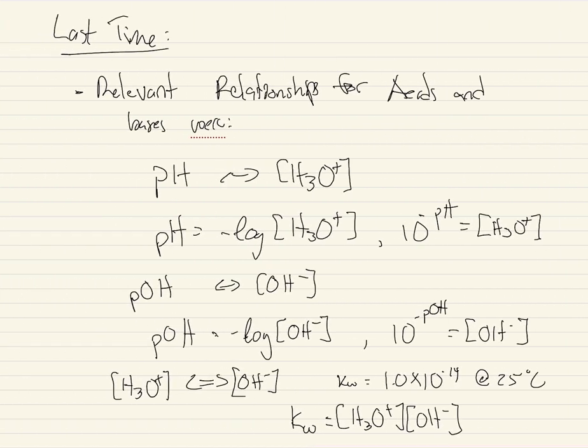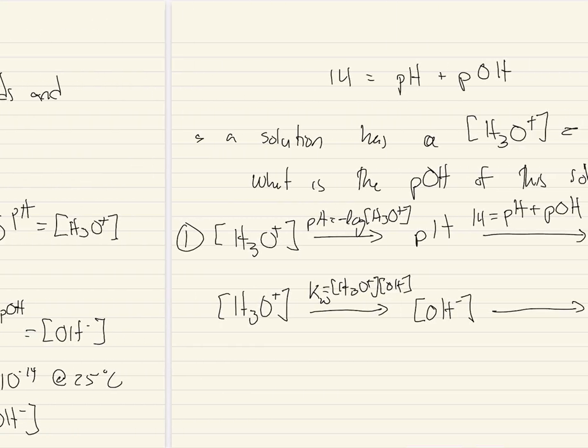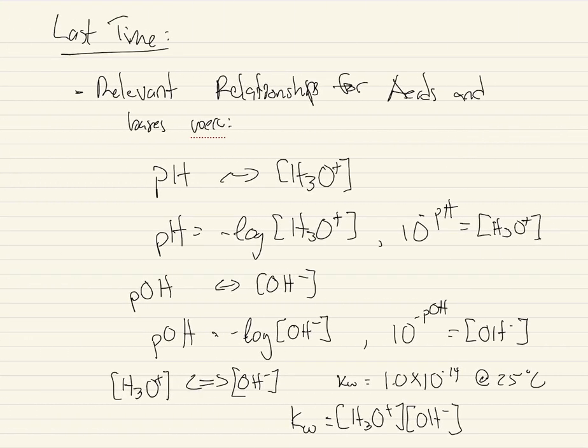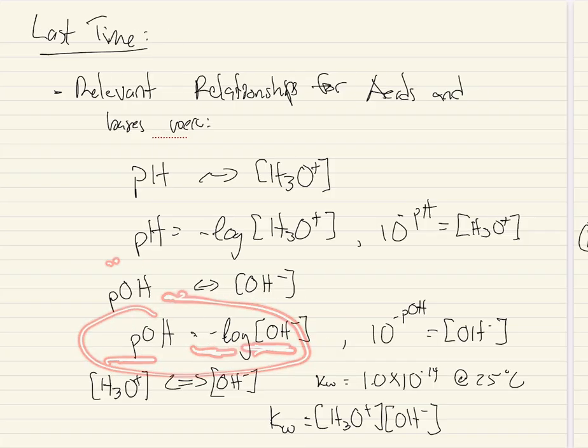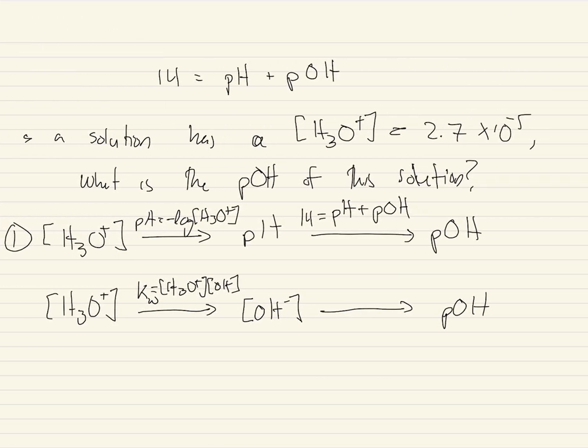We just use our relationship: the pOH is equal to minus the logarithm of OH minus. So once you have this value, take minus the logarithm of that, and that'll give you the pOH. Both of these should give you the exact same answer.